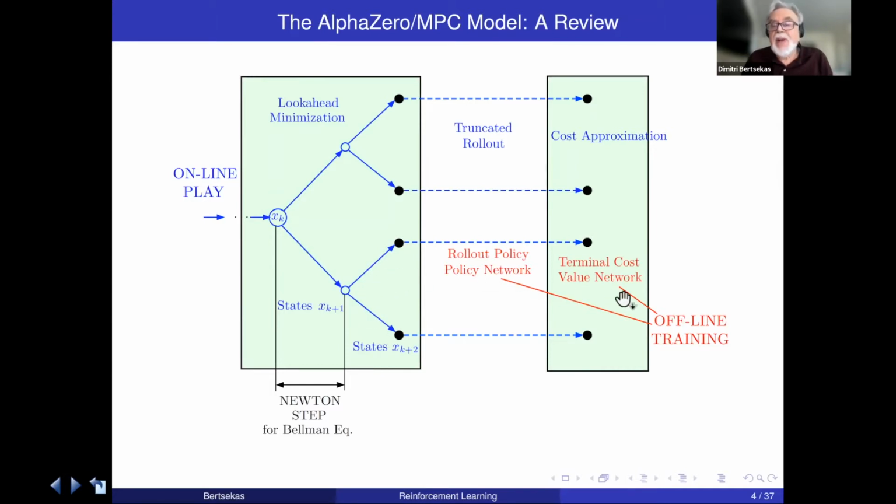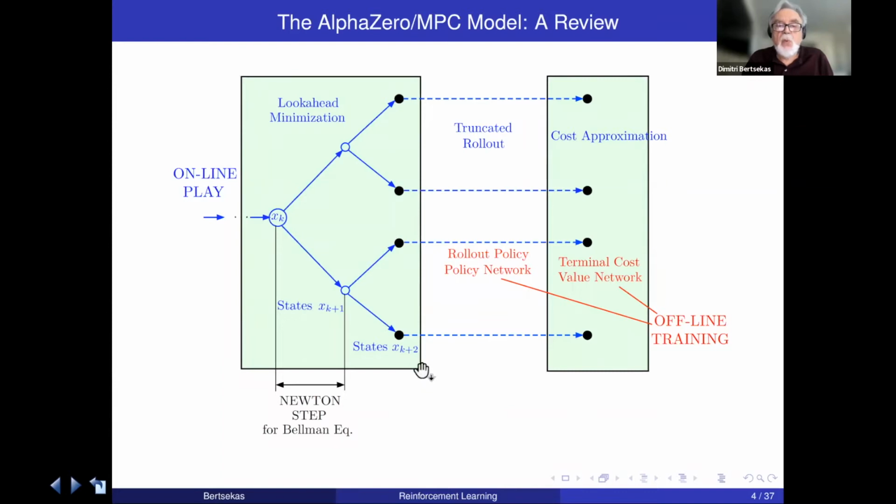Now, this preparation here involves interaction with the offline training algorithm. The offline training algorithm provides the terminal cost approximation, and optionally, if there is this middle portion, it provides the base policy for implementing this truncated rollout.